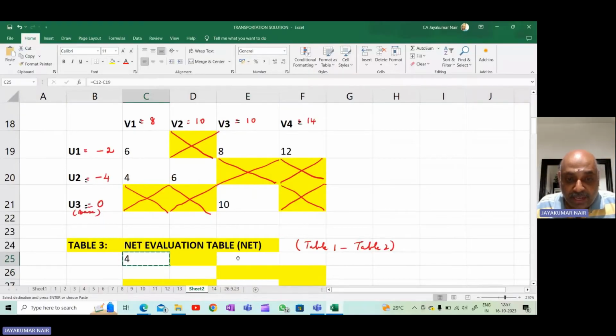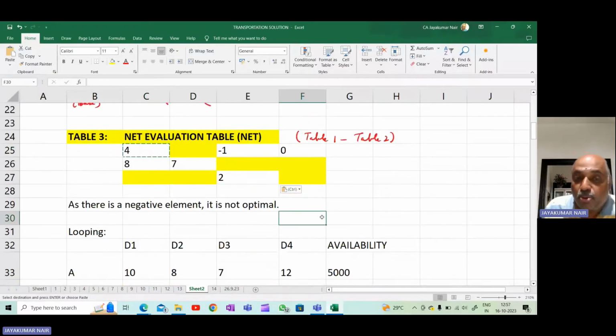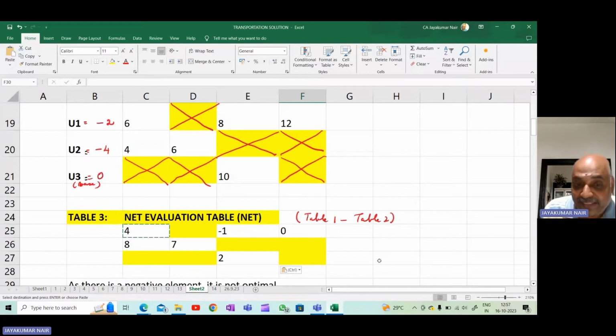So you calculate similarly for the other unallocated cells and see if you have any negative values. Now, in this particular table, you have a negative value. What does this negative value indicate?